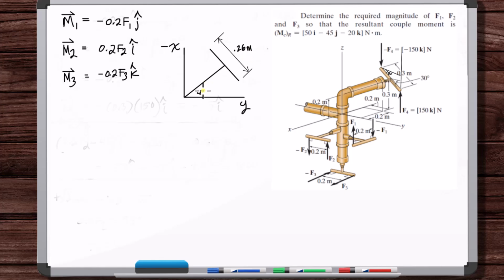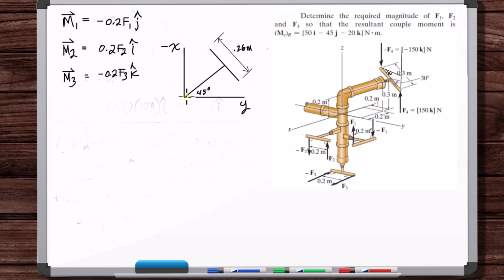This is 45 degrees. Now we can use 0.26 times F4 to get the magnitude of the moment of the couple. That's the scalar definition of the couple moment: the perpendicular distance between the two couple forces times the magnitude of the couple force. But we still need to represent it as a moment vector. We could do r cross F, but let's just do this manually.